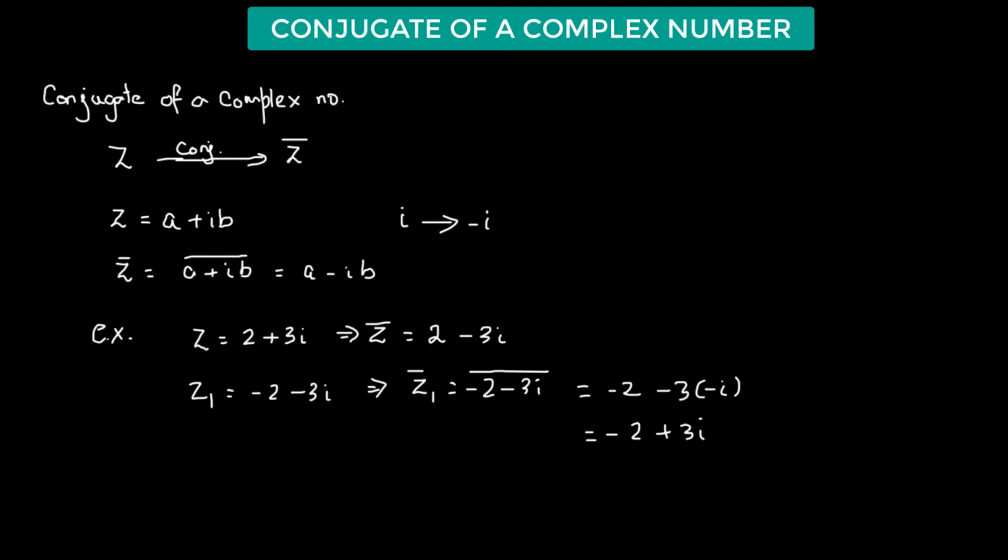Now let's talk about some properties of conjugates. Property number 1: if we have a complex number z equals a + ib, then the conjugate of its conjugate is the original complex number.